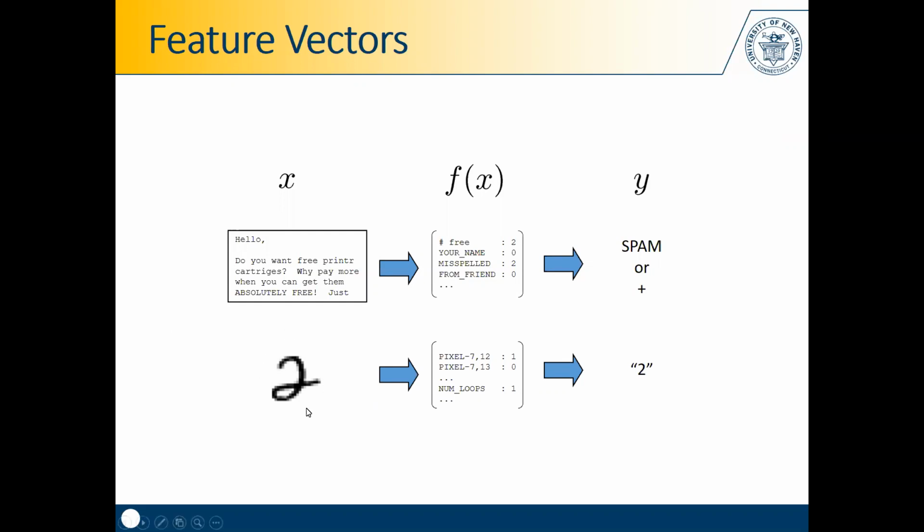We have this image of a handwritten digit, let's say 2. We have the feature representation through, let's say, individual pixel values, as well as a few other handcrafted features, such as number of loops in the image and so on. Now, what we're going to focus on today is this part here. How do we get from this feature representation to this label?